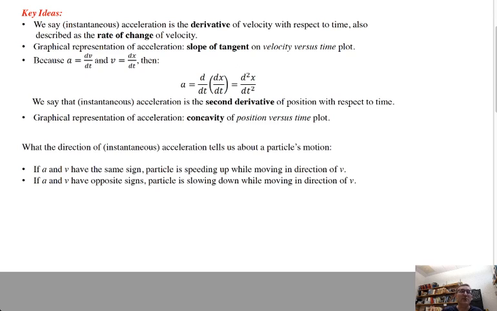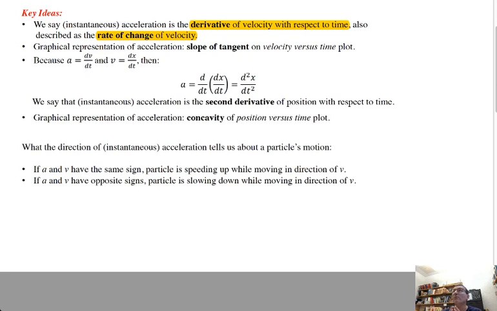As I just mentioned, instantaneous acceleration is the derivative of velocity with respect to time. Since a derivative measures what's called a rate of change, the derivative of the velocity is also called, for short, the rate of change of the velocity. So you'll hear physicists say that acceleration is the rate of change of velocity for a particle.